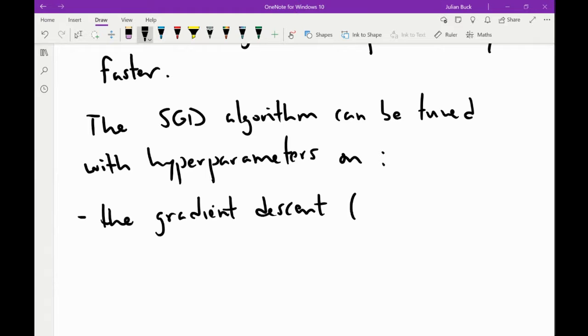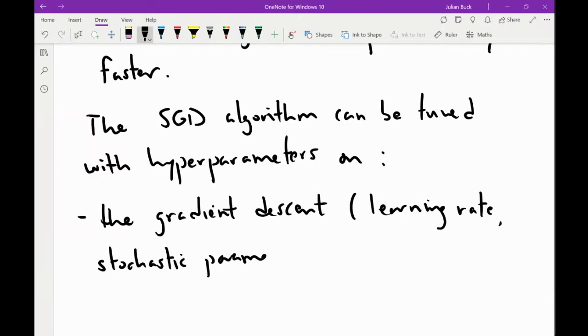So in this case, learning rate is certainly the most obvious one that we've talked about. But then there's also stochastic parameters. So how do we subsample, right? Like what percentage, what fraction of the data, and there's some others as well.